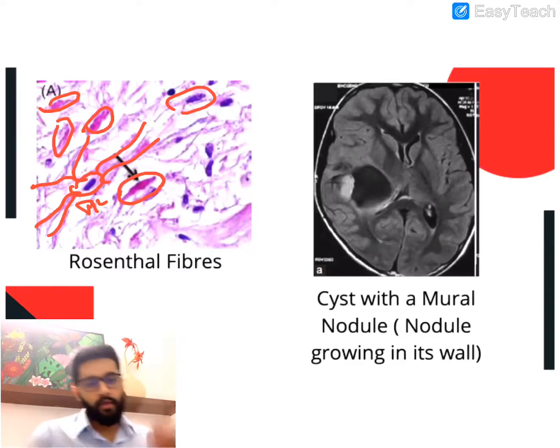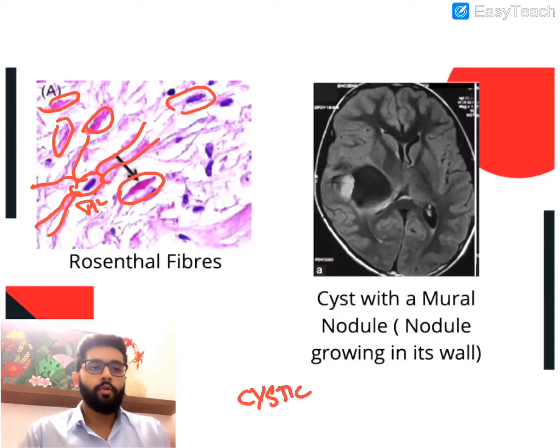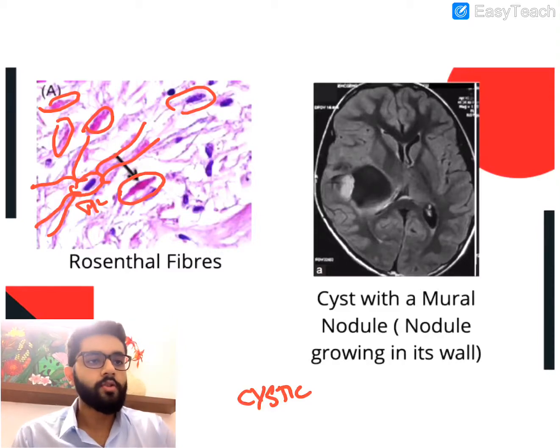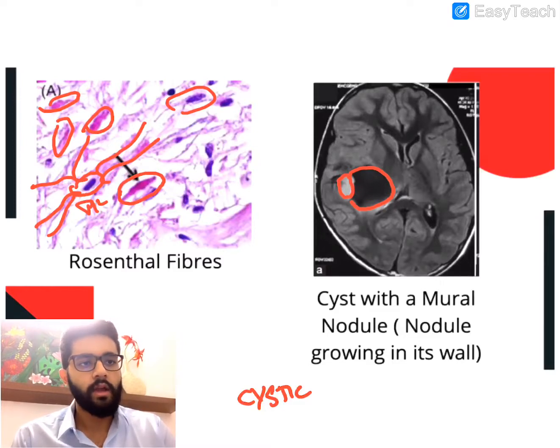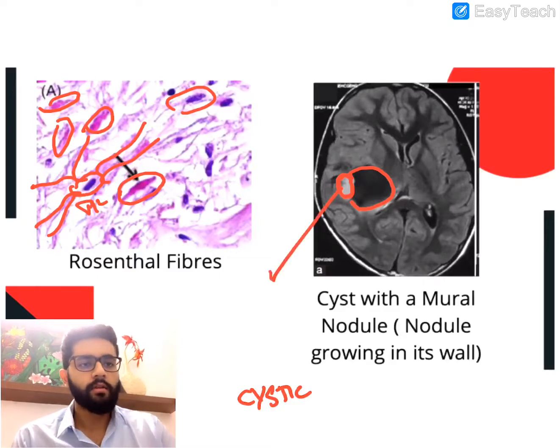So the other point I told you was that this is a cystic tumor. So in imaging, this tumor has a cystic region with a small nodule on the wall of the cyst. So you saw this black area which is the cyst with a small nodule on the wall of the cyst. This small nodule is called a mural nodule.